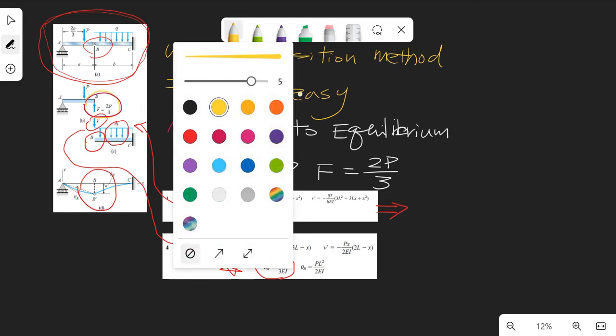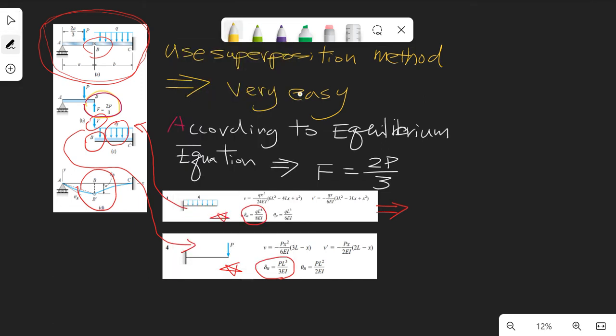From the first part, we get qL^4 over 8EI, and replacing by the real case, L is actually b, and EI is the same.